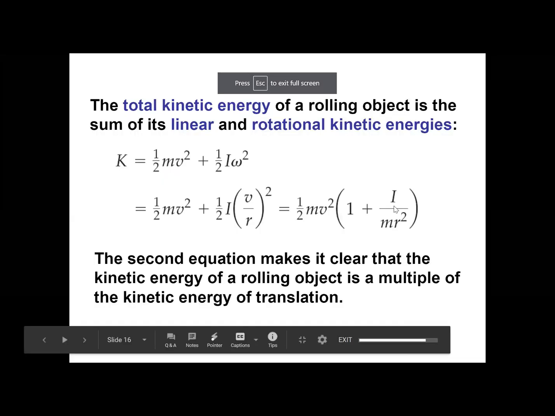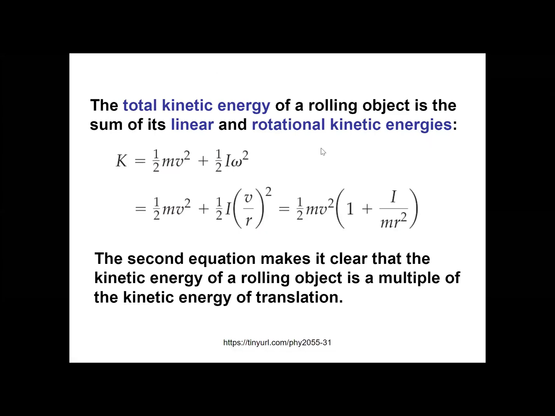I think this is a little bit ahead of the next chapter. Sometimes you will see that the object is rolling, or having linear motion and rotational motion at the same time.